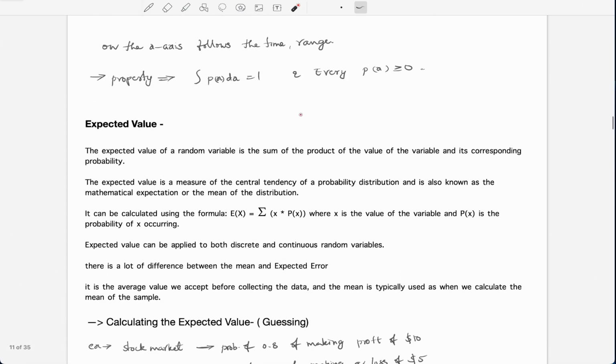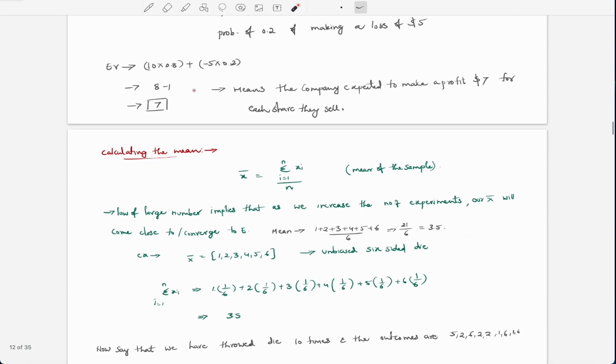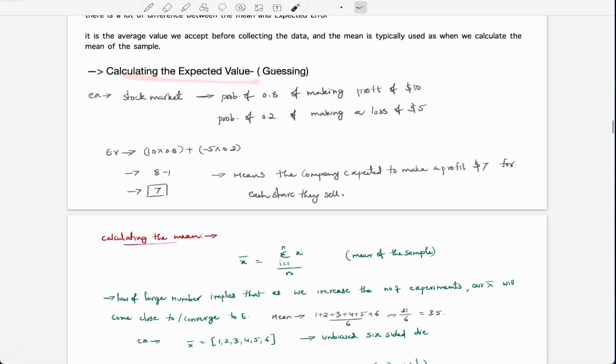So how do we calculate this expected value? We are expecting something. We are expecting 90%. So how do we calculate this 90%? It's just a guess, right? I guess I will get 90%. For example, in the stock market, the probability of 80% of making a profit is $10, and the probability of 20% of making a loss is $5.